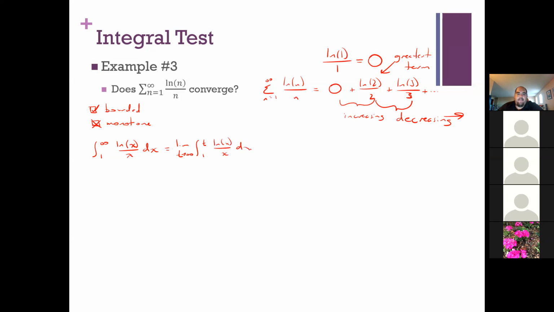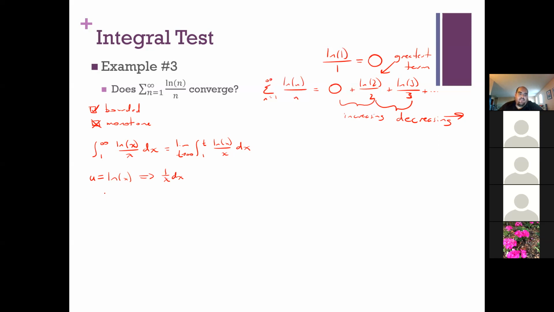How'd you get that? Like substitution. Okay, so under u substitution, what should our u be? Natural log of x, which means du is going to be 1 over x dx, which is really all we need.